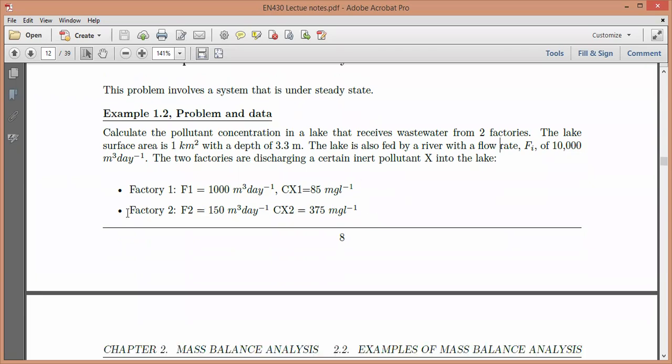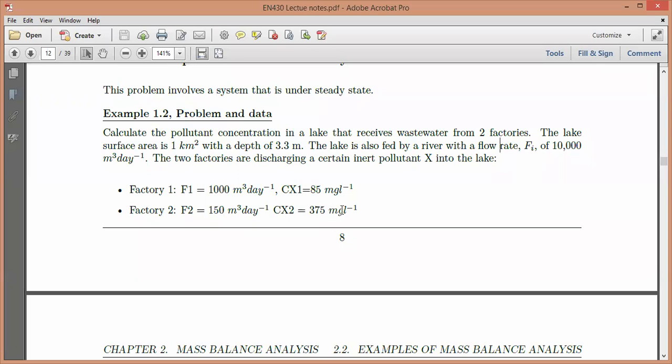Coming to factory 2, the flow rate is 150 cubic meters per day. So these are volumetric flow rates, and they are both polluting with pollutant X. For factory 2, we'll call it CX2, the concentration is 375 milligrams per liter.